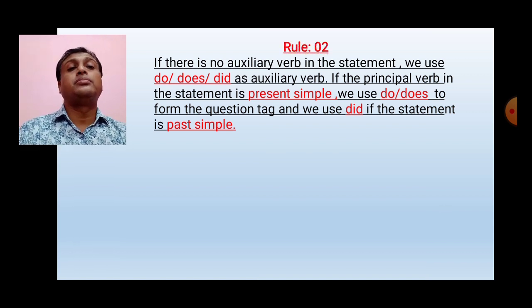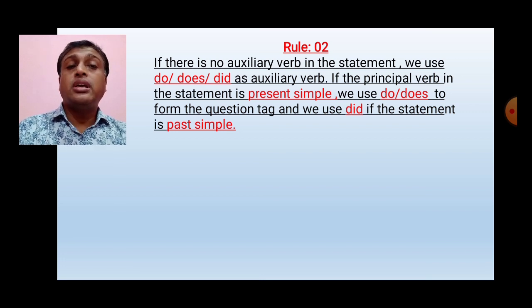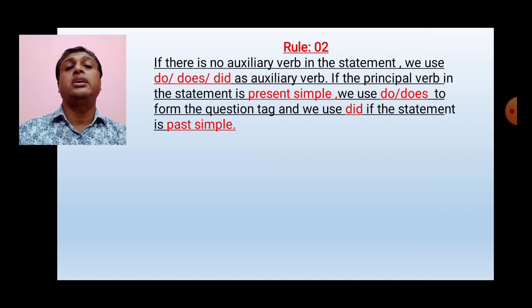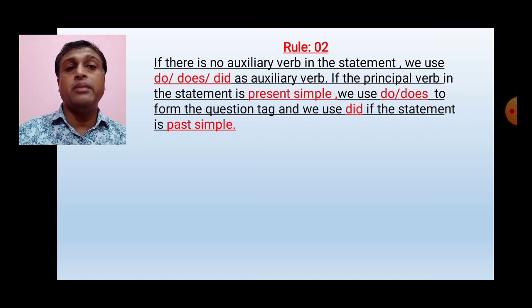Rule 2. If there is no auxiliary verb in the statement, we use do, does or did as auxiliary verb. Students, according to the structure of assertive and exclamatory sentence, we know at first we have to write auxiliary verb. But if any sentence is devoid of auxiliary verb, then what do we do?